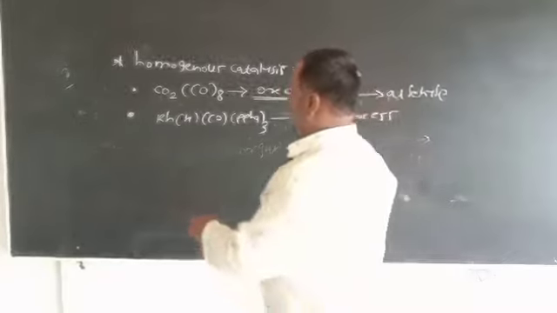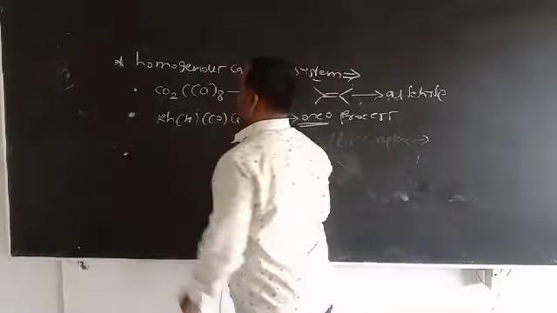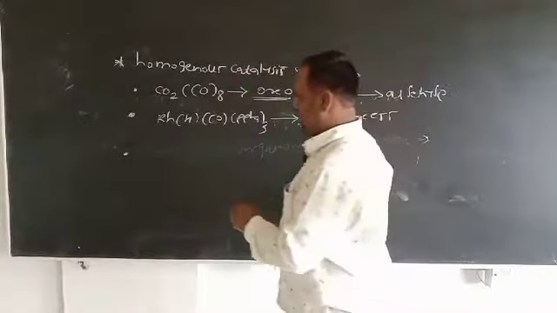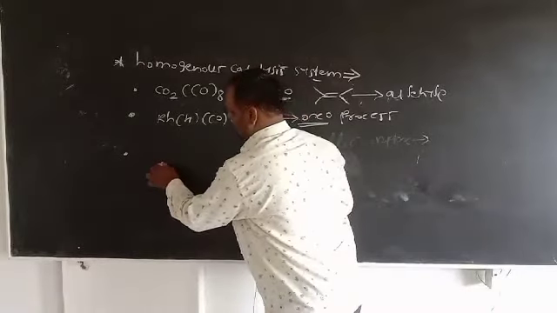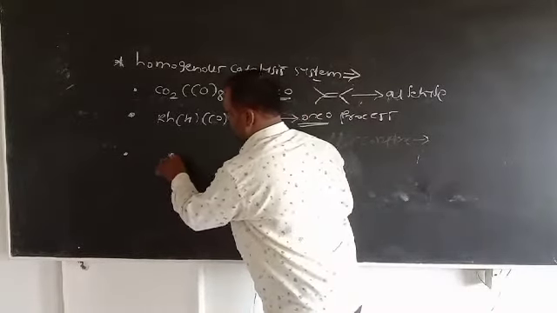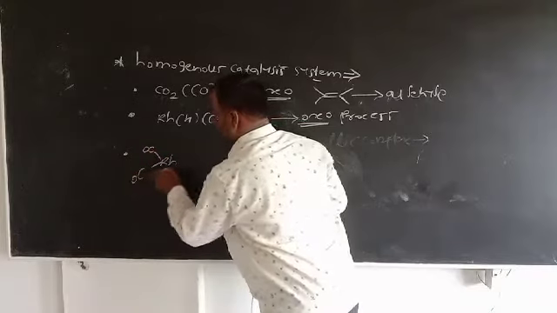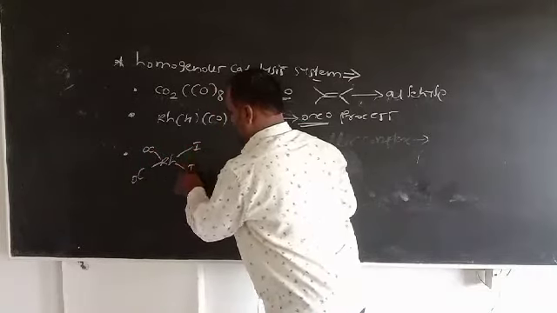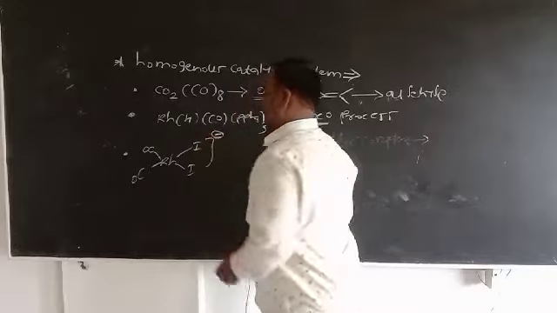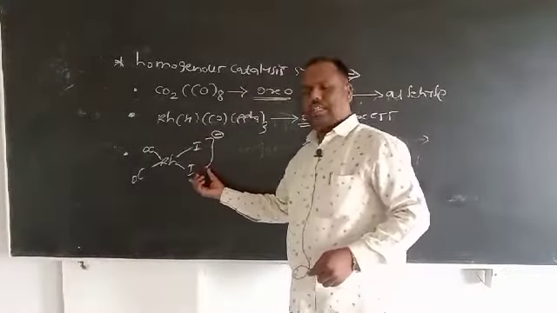Another example of a homogeneous catalysis system is the rhodium complex [Rh(CO)2I2] with a charge of -1.